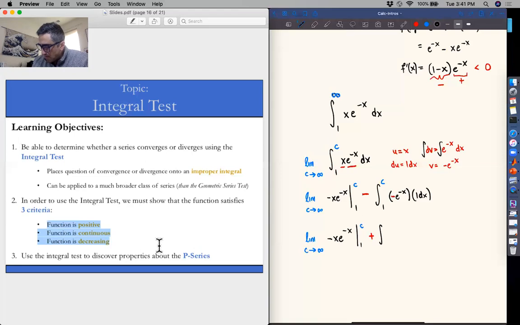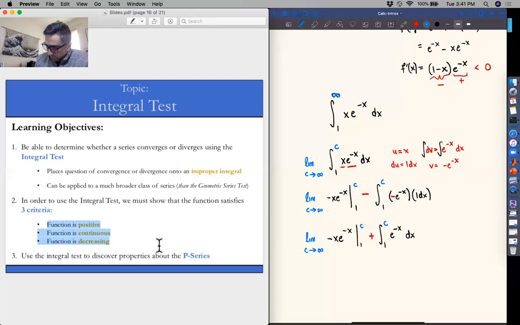And then we have the integral from 1 to c left over of e to the minus x dx. So what's nice is by applying integration by parts once, we can evaluate what's inside of that integrand, and that is a function that we can compute the antiderivative of in a straightforward way.